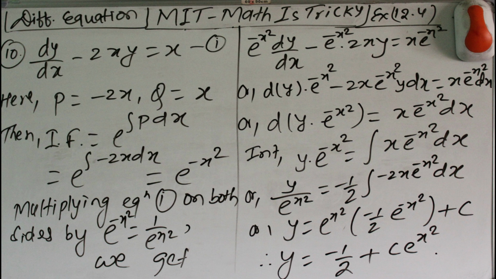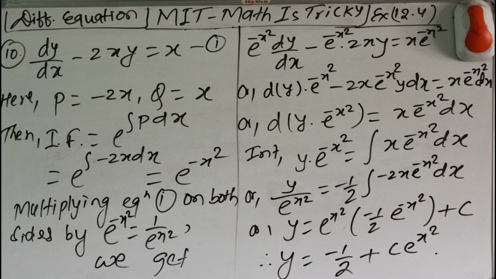So we can write on the right hand side −1/2, multiplying and dividing by −2, we'll get simply the integration of e^(-x²), and also we'll get −1/2 e^(-x²) on the right hand side plus c.